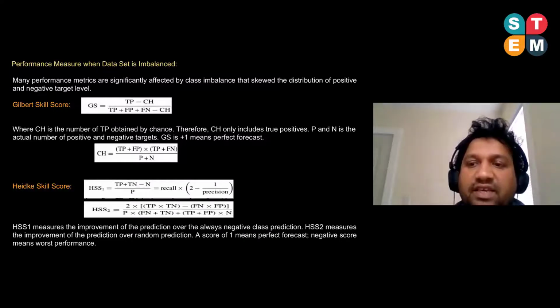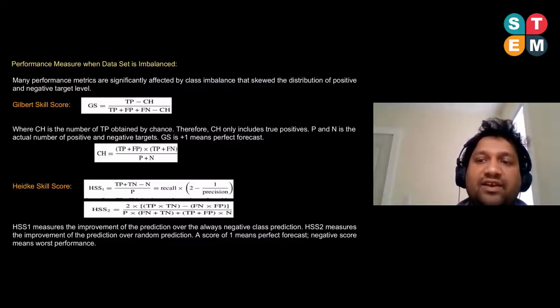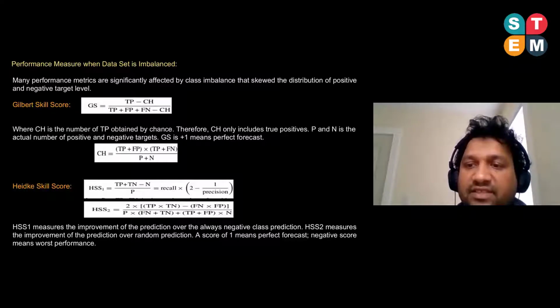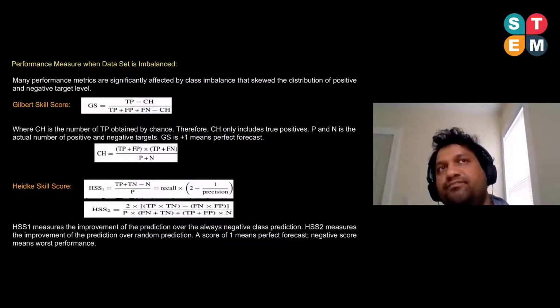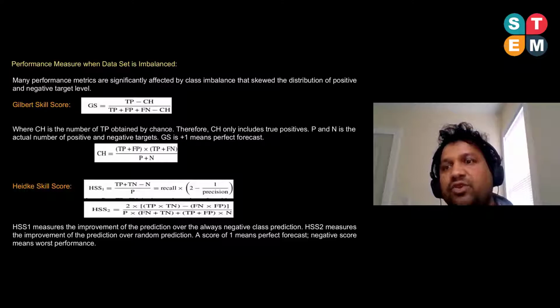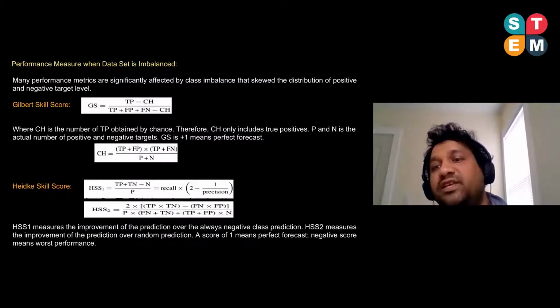So in an imbalanced dataset case, what will happen is that if the model predicts, from a cancer dataset, that all the people have no cancer, then also your accuracy will be very high. Or in the case of the flaring dataset, if the model predicts all active regions are non-flaring, then also accuracy will be more than 80%.